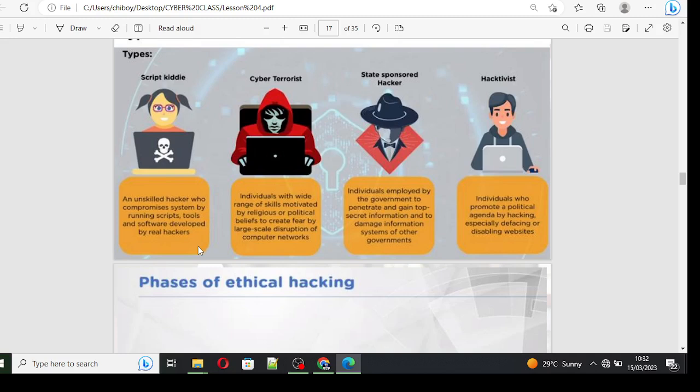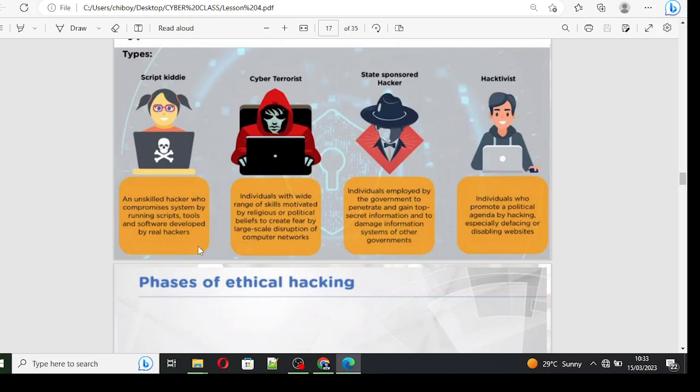These script kiddies have no knowledge of coding. They don't code. All they do is gather lots of codes and send them out, and it will be causing traffic on the internet.